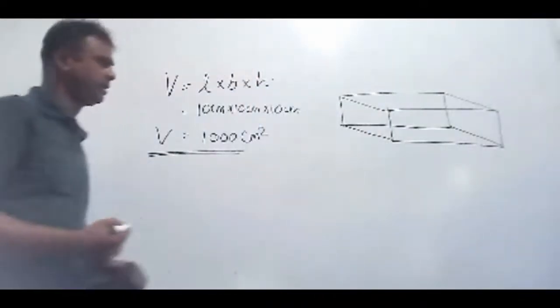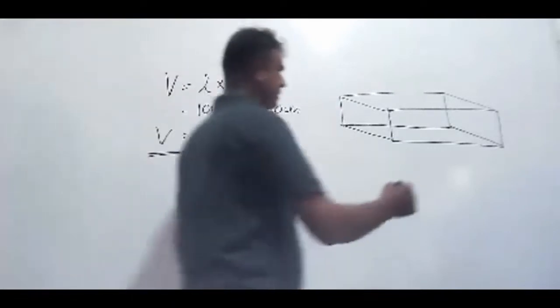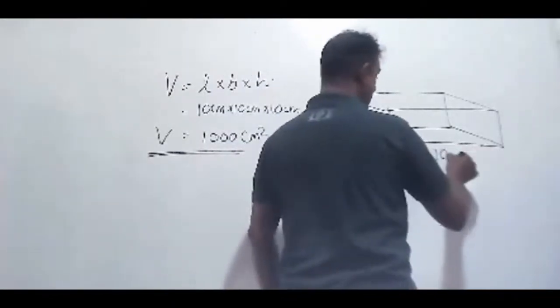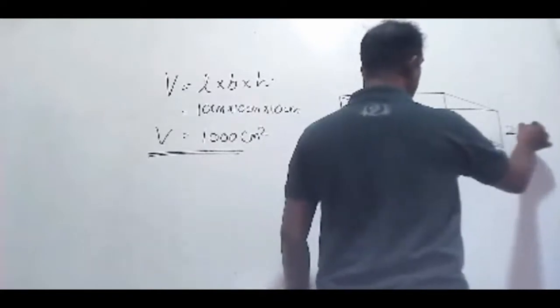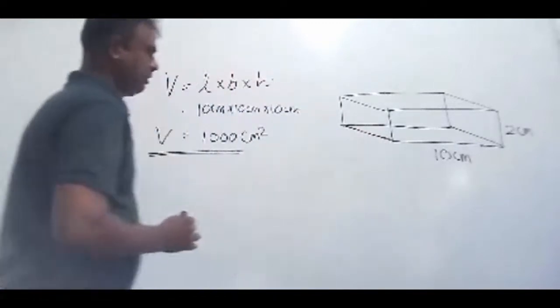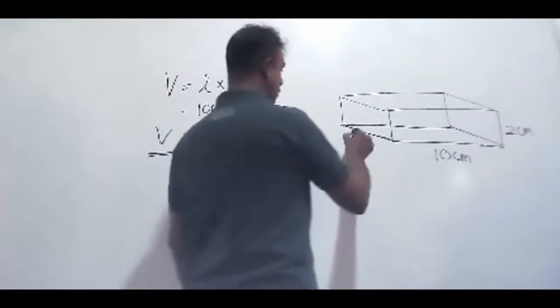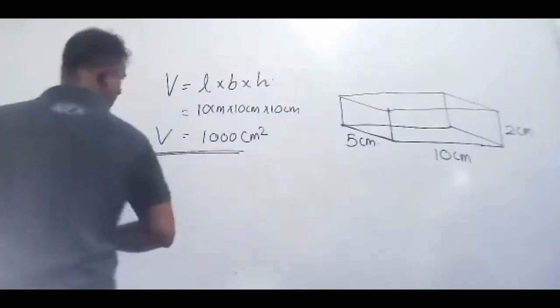This is the normal shape of the cuboid. Its length is 10 centimeters, height is 2 centimeters, and width, the breadth, is 5 centimeters.